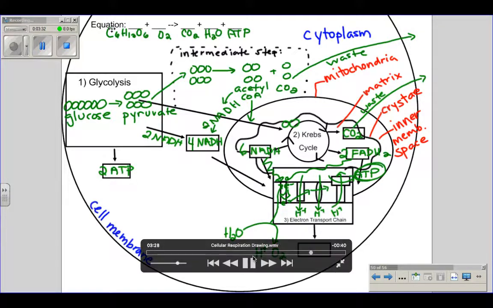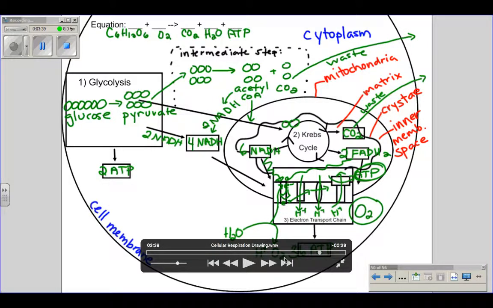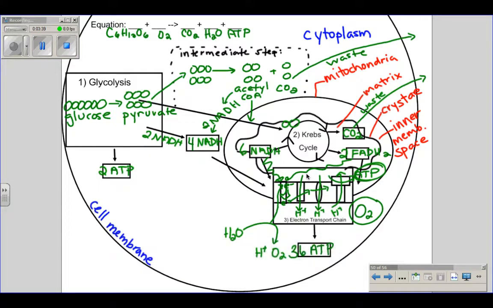Because we have a whole bunch of energy, 6 NADHs, 2 FADH2s, we're going to create in total, at the end of the electron transport chain, about 36 ATP. So in total, I had 36 ATP, you can't see it right now, and then I had 2 ATP over here. So in total, after I'm done all of cellular respiration, I finish with 38 ATP.